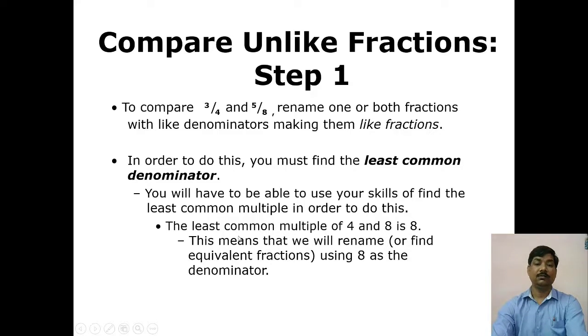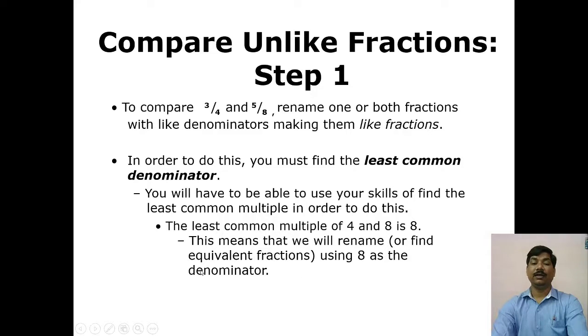The least common multiple of 4 and 8 is 8. As you can see here, there are two numbers, 4 and 8, so we find the LCM of 4 and 8, which is 8.